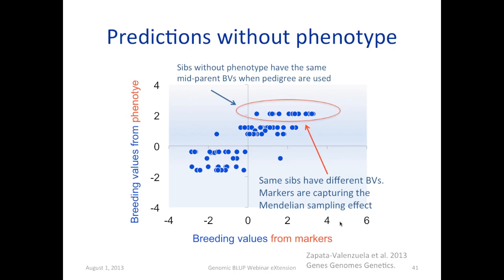Other advantages of genomic BLUP, especially for plant breeders: you can include experimental design factors in your mixed model, like environment and replication effects. And it's very easy to run with various software.